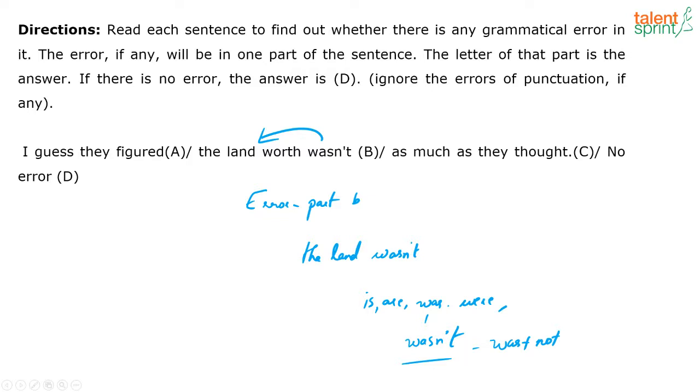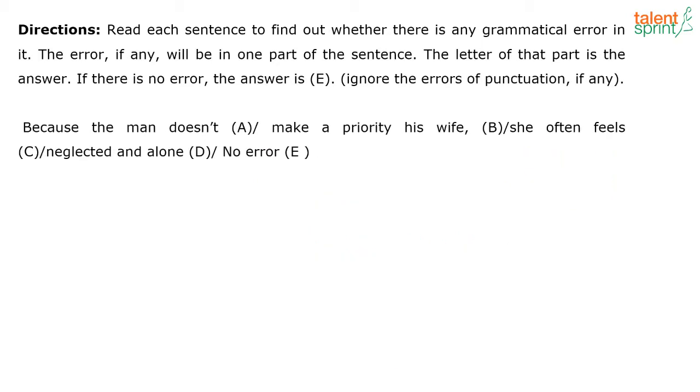So, I guess they figured the land wasn't worth as much as they. All you have to do is rearrange the word order. Errors pertaining to word order. Let's look at the next one.